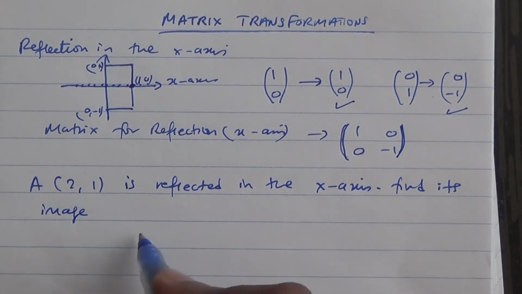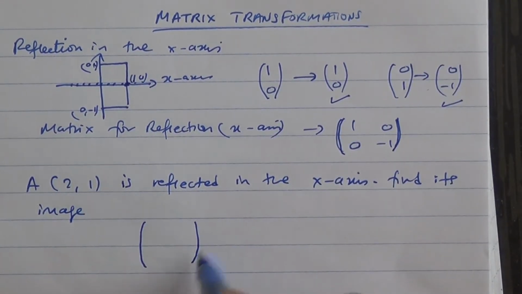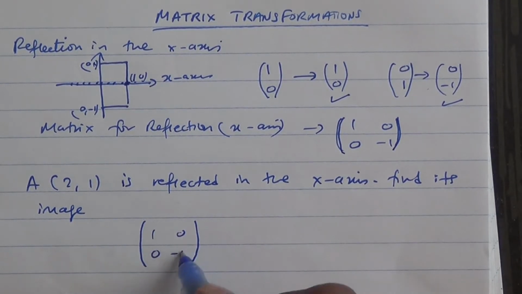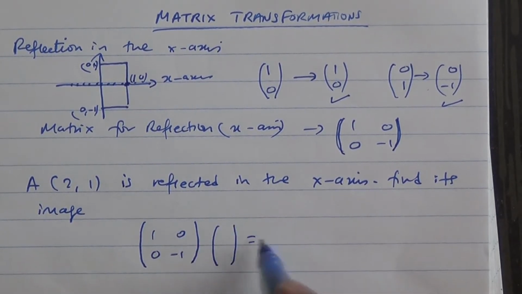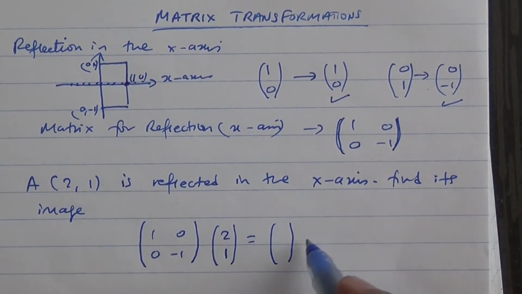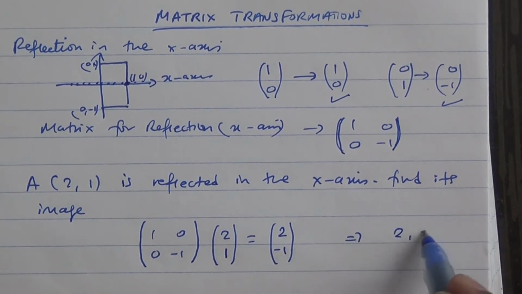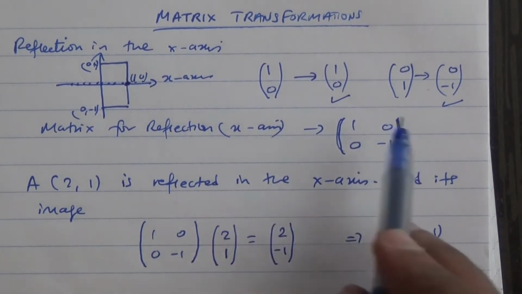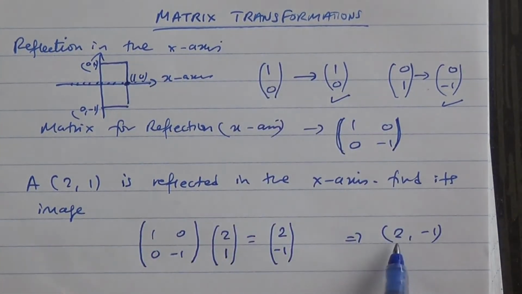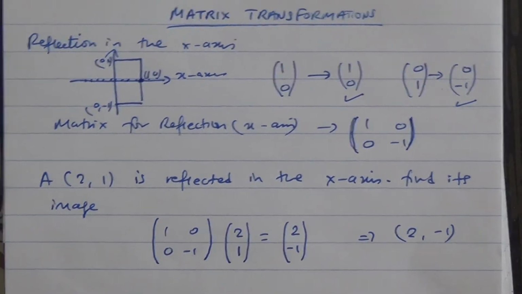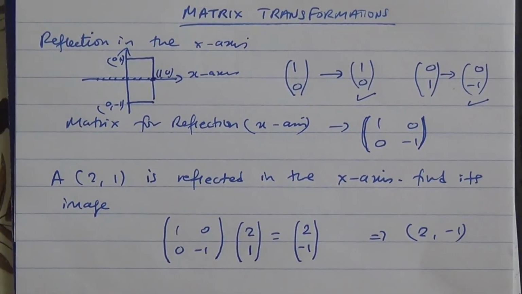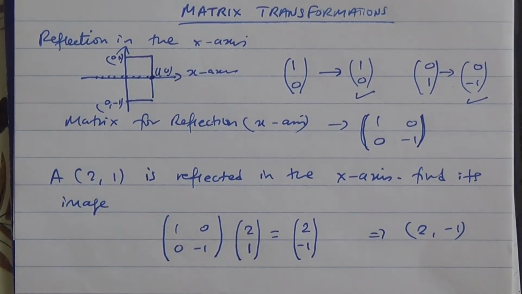So what we do is take the matrix 1, 0, 0, minus 1 times the coordinates, written as a column vector, 2, 1. You get 1 times 2 is 2, and this is minus 1. So the answer is 2, minus 1. You can directly say 2, minus 1, because you know that the x-coordinate is going to remain the same. But if you forget in the exams, it's very important that you remember how to do it by matrix, because that's what they're going to ask you.